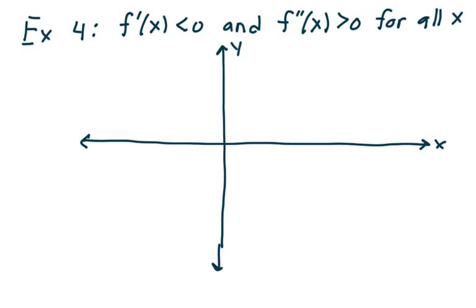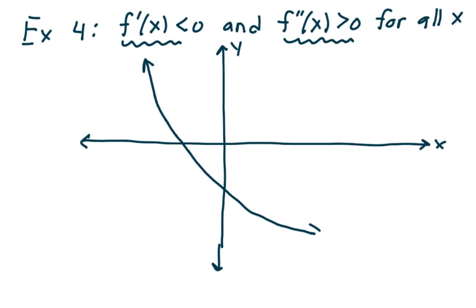And so f is decreasing, and it has to be concave up, right? So I would look at something like this. F is decreasing, and it's concave up. So it satisfies both conditions.